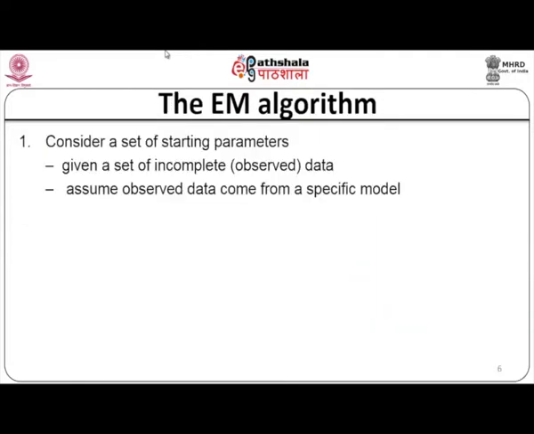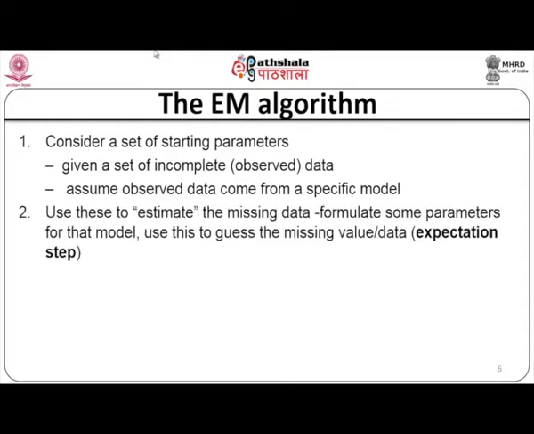How do we start describing this algorithm? Consider a set of starting parameters. You are given a set of incomplete data and you assume that the observed data that you have seen, which is not complete, comes from a specific model. We do not know the model, we are just assuming the model.